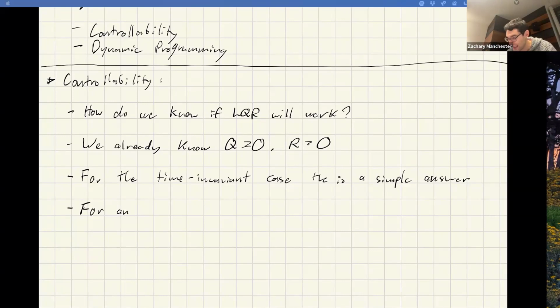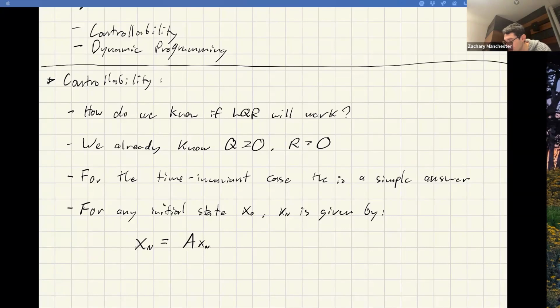So for a given initial condition x naught, I can calculate xn by essentially rolling out the dynamics. In particular, what we're going to do right now is eliminate the intermediate states. I'm going to iterate the dynamics a whole bunch and write this such that it's just a function of the u's and x naught. So if I write xn and go backwards one step, I've got xn equals A xn minus 1 plus B un minus 1.